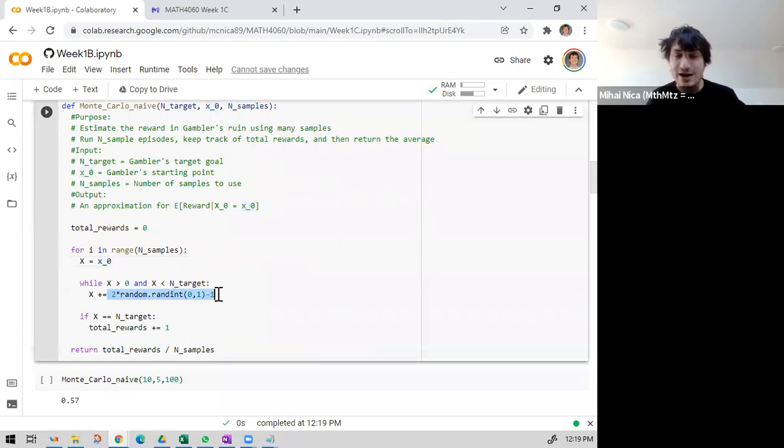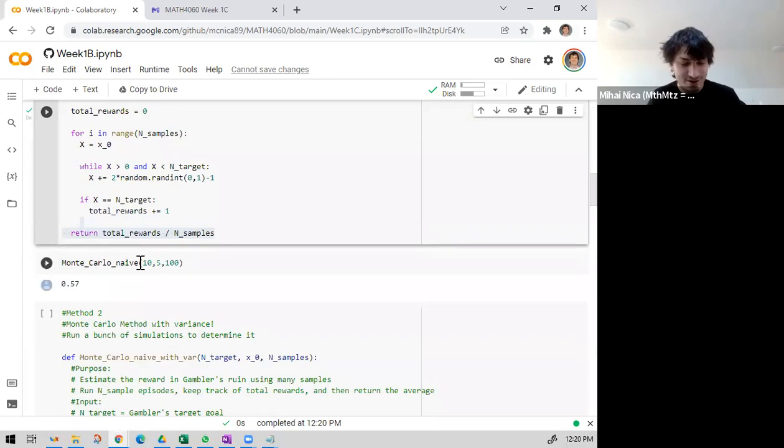It goes up 1 or down 1 at every step until you either reach 0 or you reach the target. And if you reach the target, then you get a total reward of +1. I add this up, I do a for loop over n samples, and then I return the total rewards from all the different runs divided by the number of times I sampled it. So that's what I call the naive Monte Carlo.